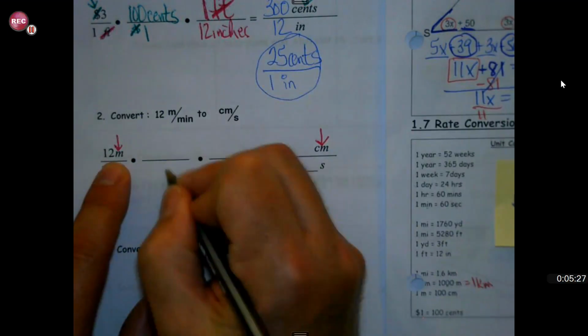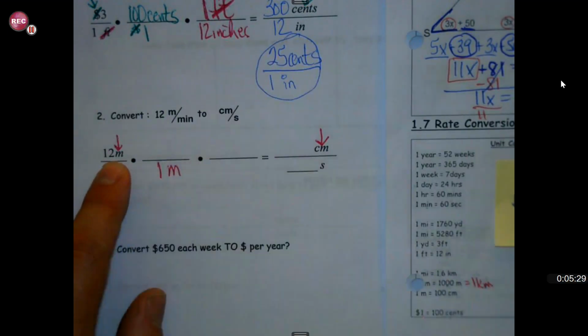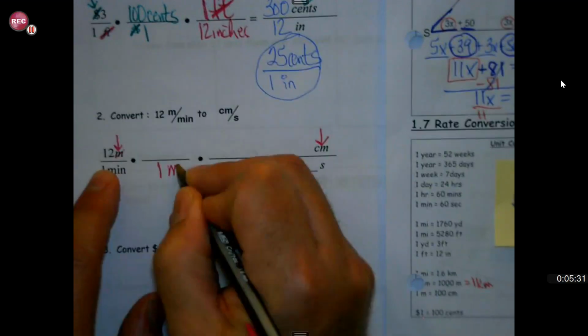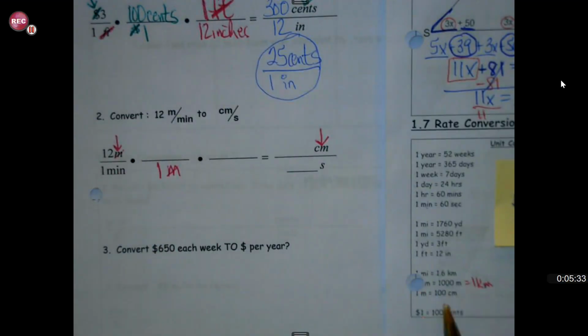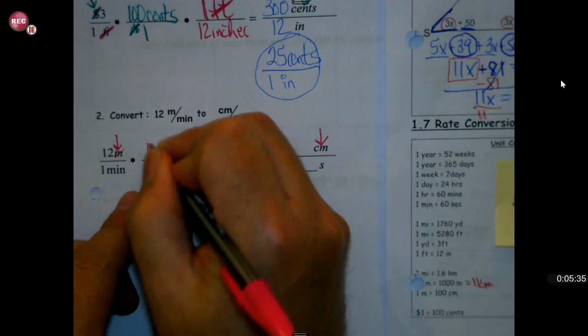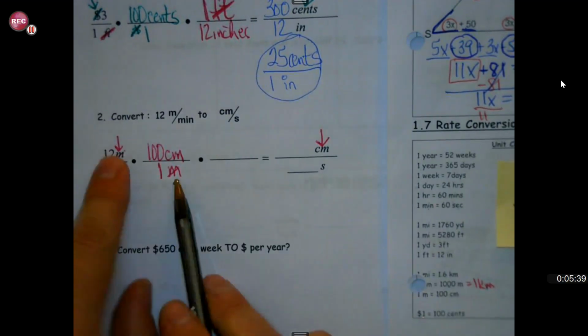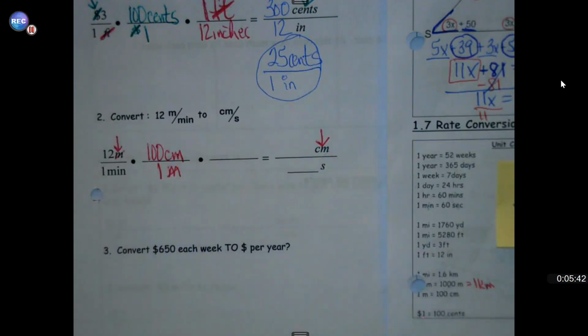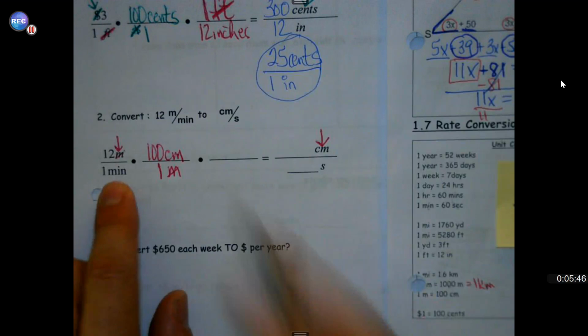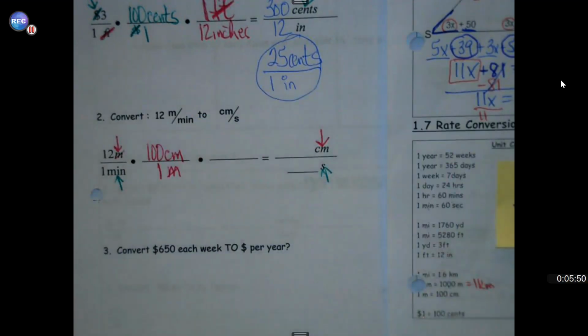So I want the meters to cancel. So I put the meters in the bottom. There they go. And I put my centimeters on top. And I notice already meters are gone. It's turned into centimeters. So far, so good. So then I notice my next job is to turn minutes into seconds.